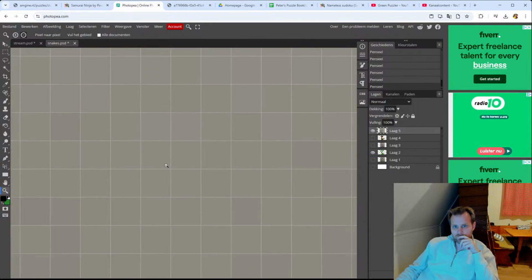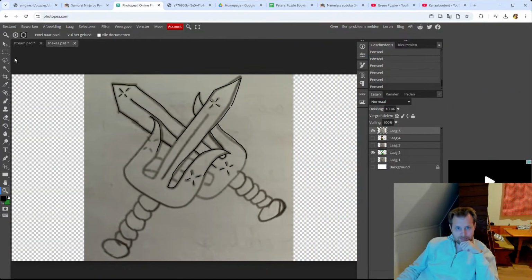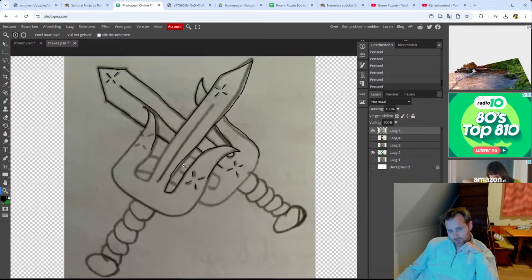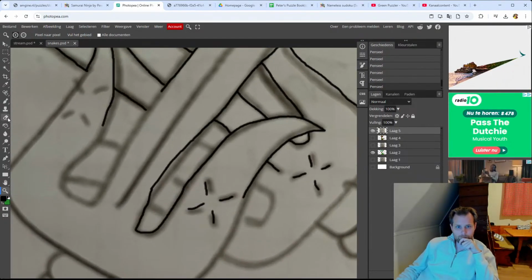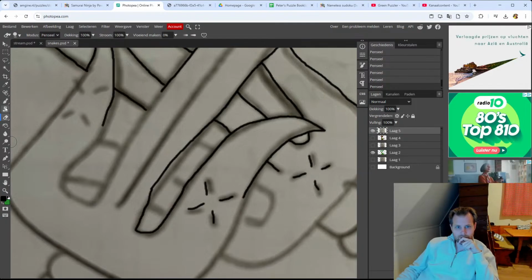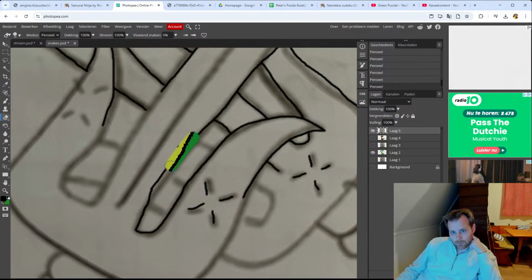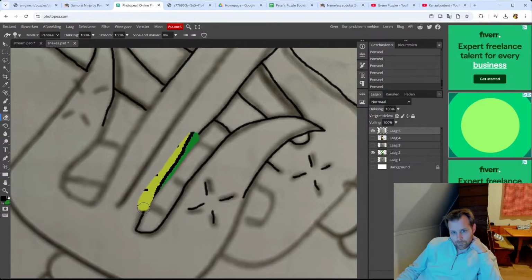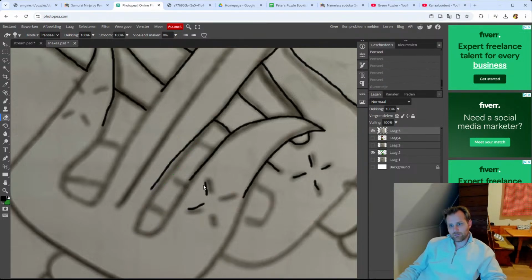Wait, this is not good. And I don't like this part, by the way. This part is not looking great, so I'm first. No, not this one. Where is the eraser? Yeah, that's this one. Oh wait, I screwed up big times. Oh no. I have to go back a lot. Sorry.